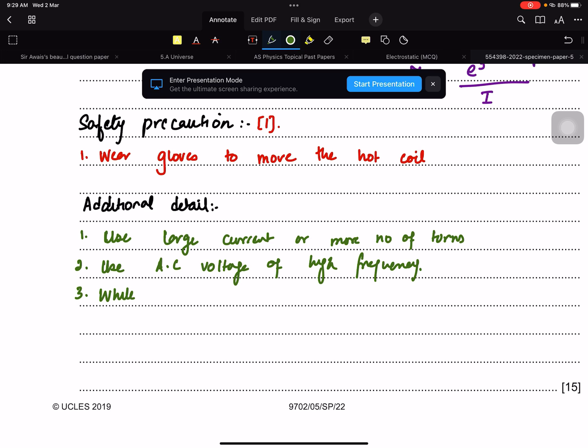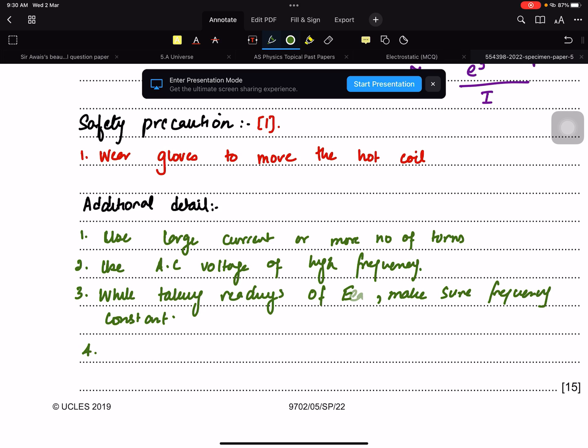Then make sure that while taking readings of each of EMF, make sure frequency is constant, because it should not change at any cost.